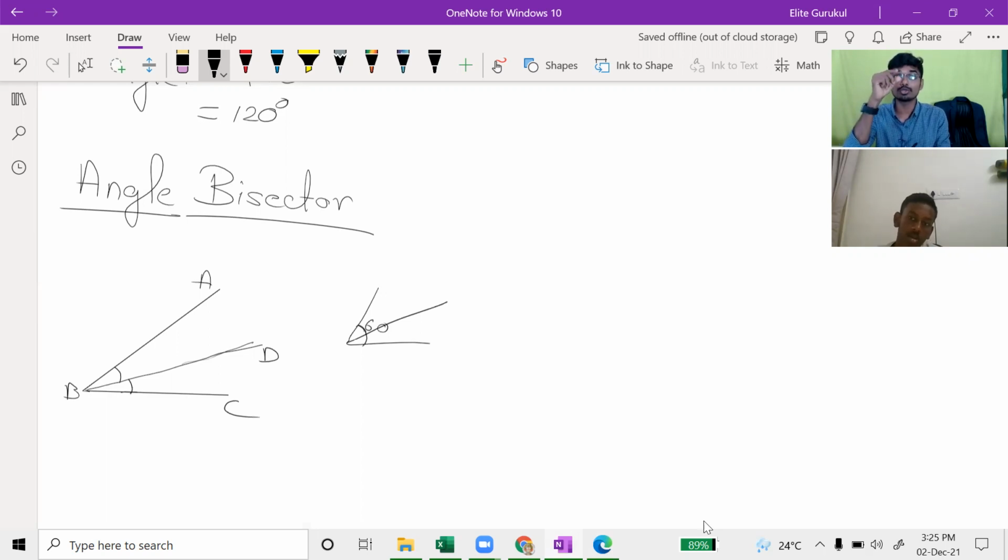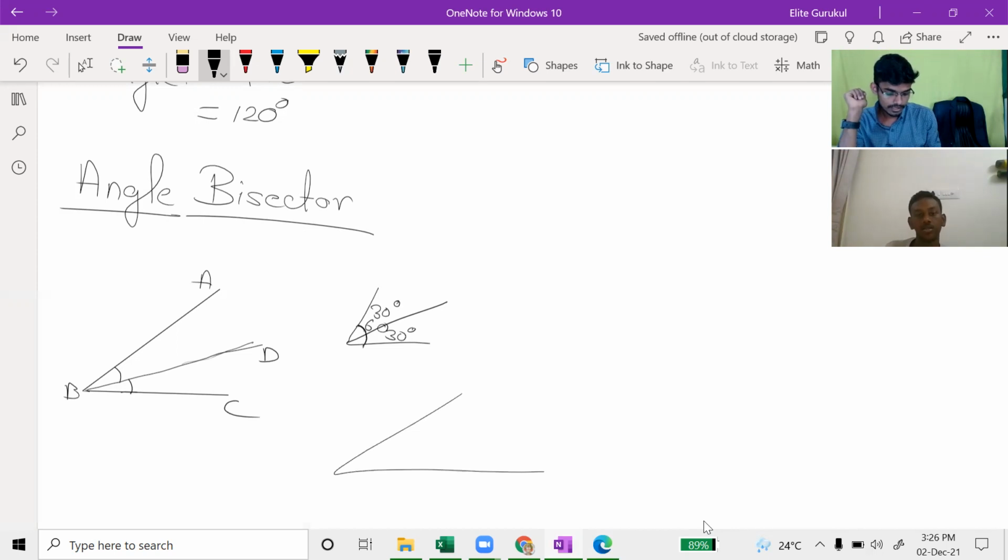So if this 60 degrees is divided in two equal parts, what we will do, we will divide it by 2. 60 divided by 2, how much? 30. So it will be 30 degrees and here also 30 degrees. Any doubt? No, sir.